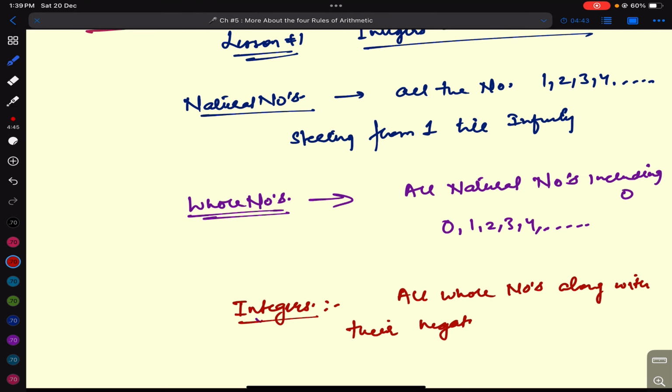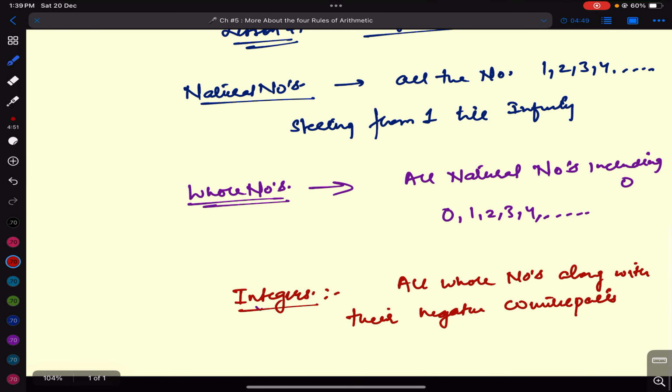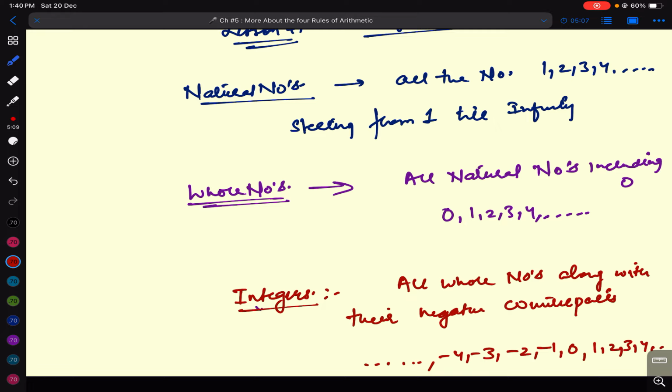So what does that mean? Whole numbers were starting from 0 till infinity. Now here we'll be including the negative counterparts as well. So it will be starting from negative infinity, right? Like this. Okay, so this will go on. So this is what your integers are.